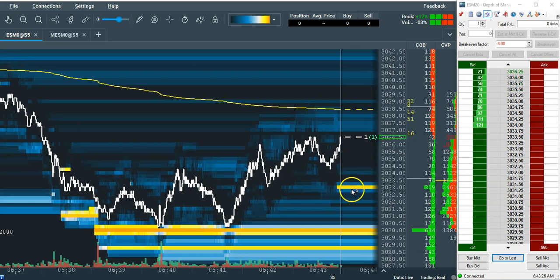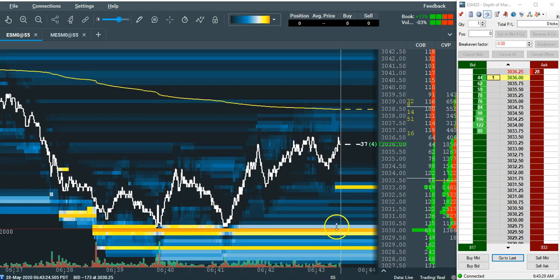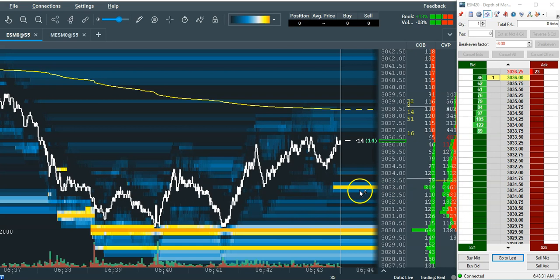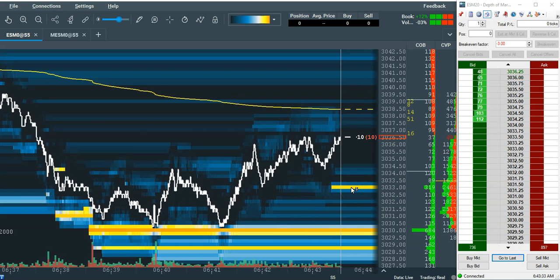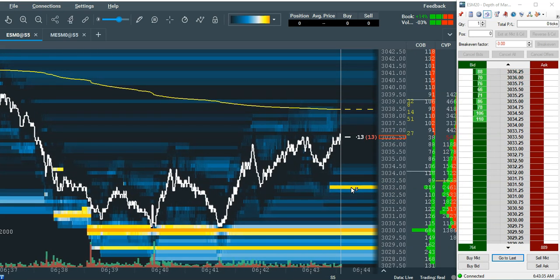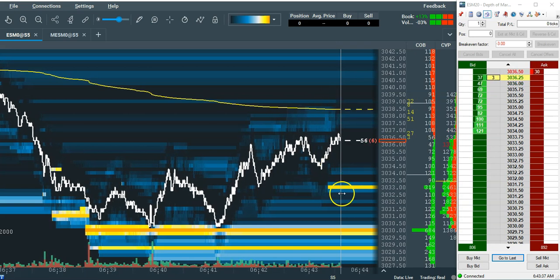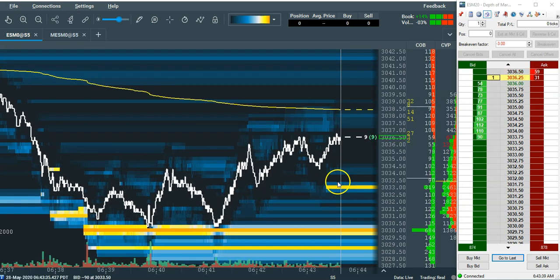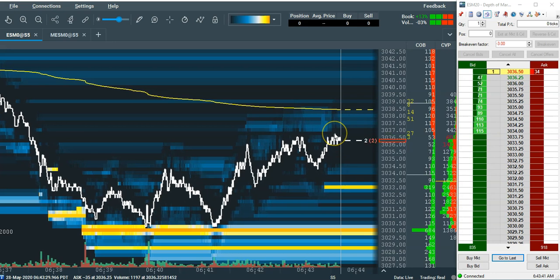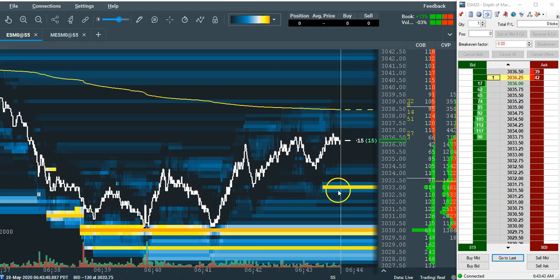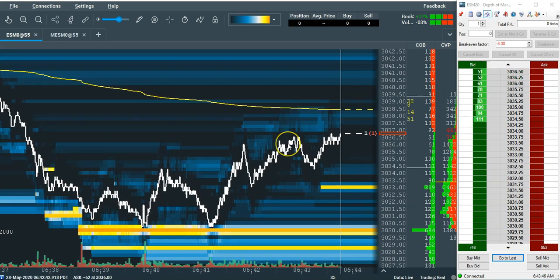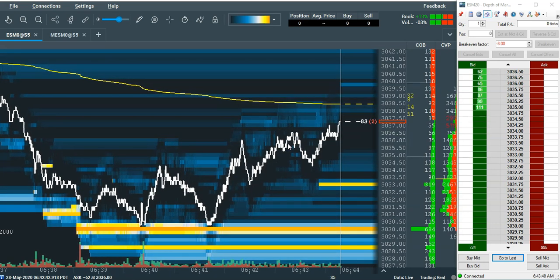And look at this, this order just came in. Maybe it's somebody who's looking to buy on any pullback. Or maybe it's somebody who's short and that's their profit target because there might be divergence or something like that.